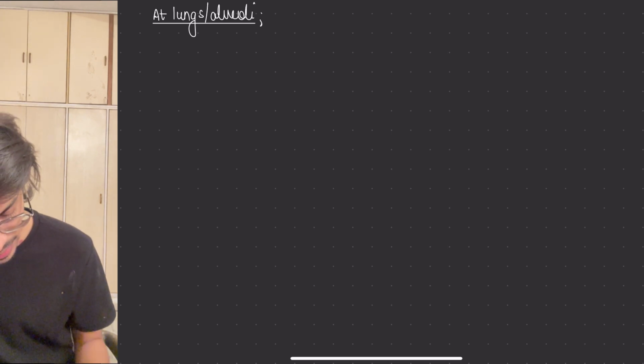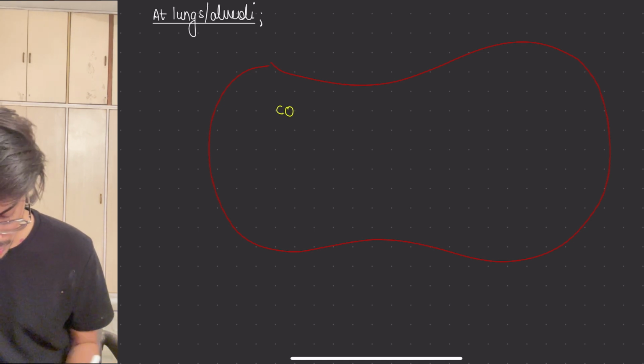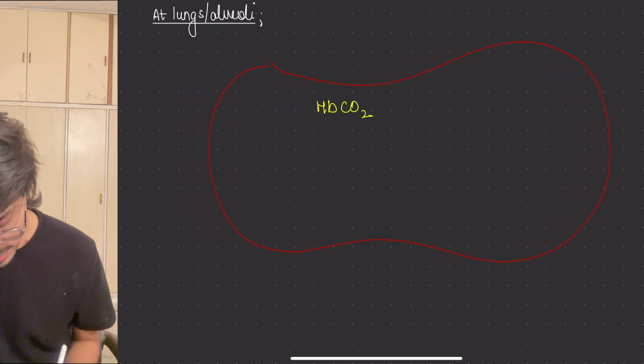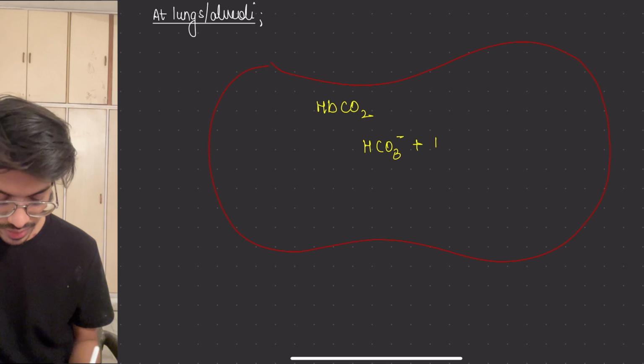I will make a blood cell first. This blood cell has carbon dioxide as carbaminohemoglobin. So this blood has carbaminohemoglobin. Second, it has HCO3 negative plus H positive that has formed.